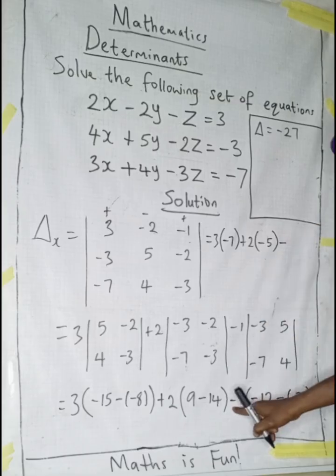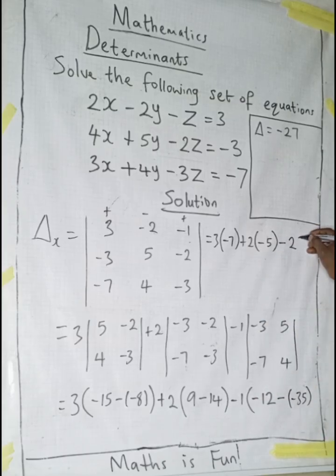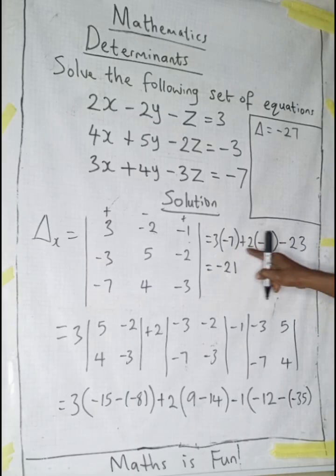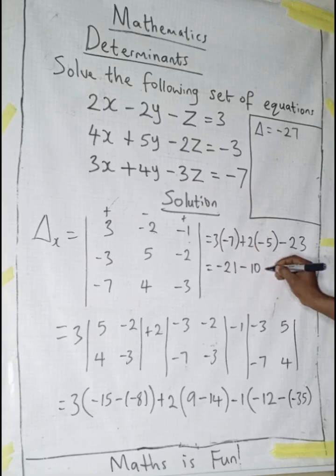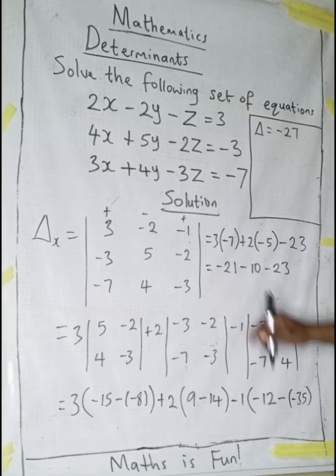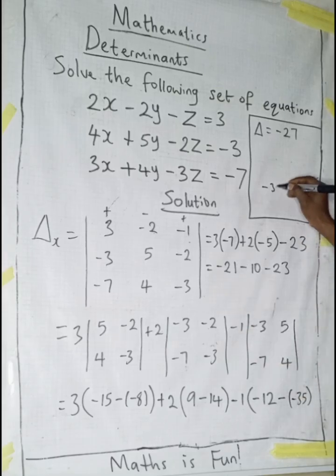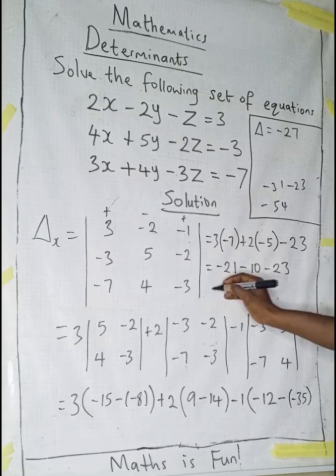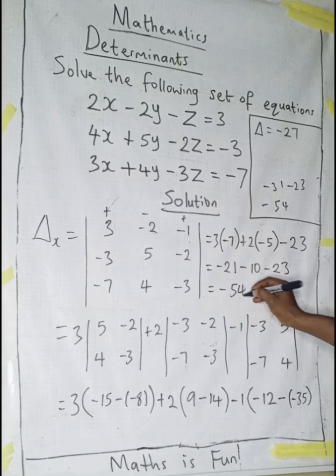So minus 23. Any issue with that? So that would be minus 21, minus 10, minus 23. So minus 21 minus 10 is minus 31. So minus 31 minus 23 is minus 54. Right? So that will give us minus 54.